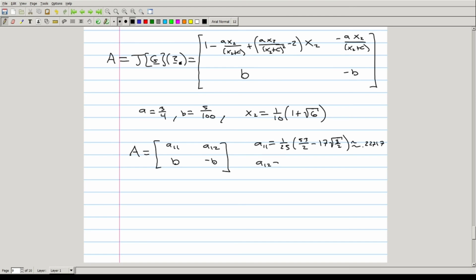And A12 is equal to 1/5 square root of 3 over 2 minus 9 over 2.